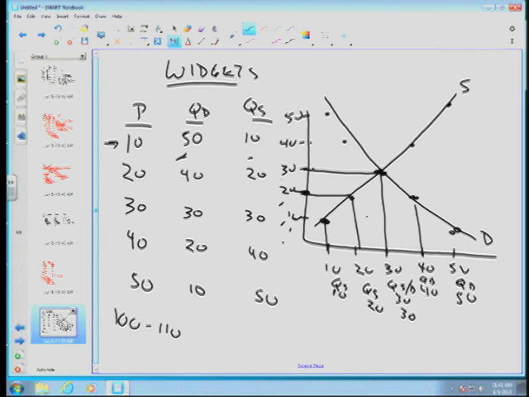The equilibrium price is that price where quantity demanded, going up the demand curve, 30, and quantity supplied are equal. Equilibrium occurs at the price where quantity demanded is equal to quantity supplied. When it is below that, we get a shortage.